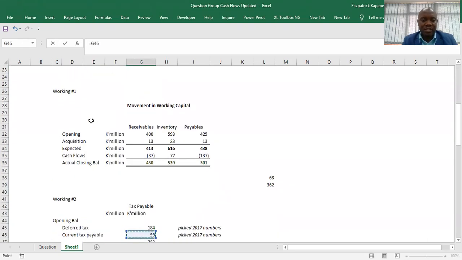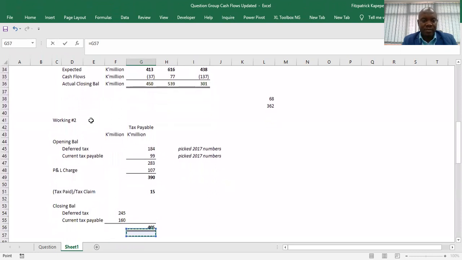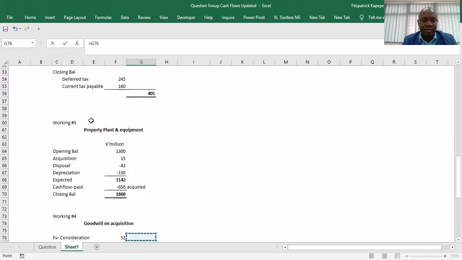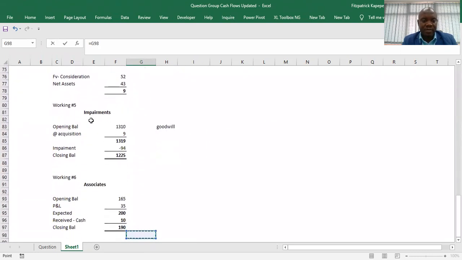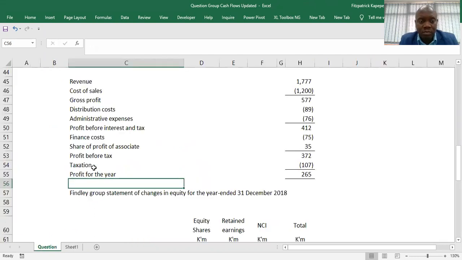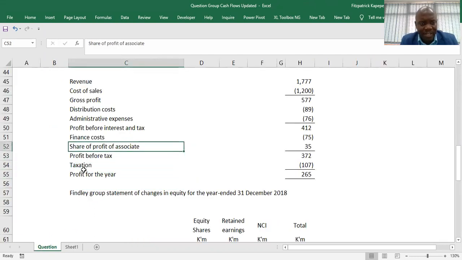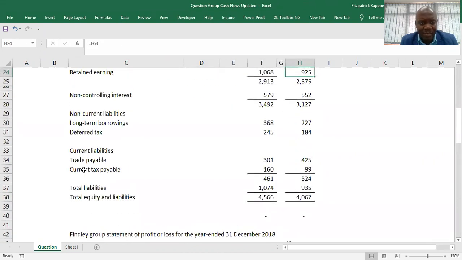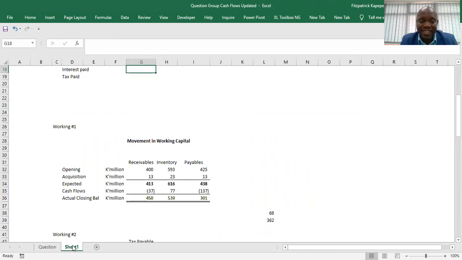Yes, we had something on interest paid. We didn't have. Let me just check on the question. If it's not in the balance sheet, then it is assumed that what was charged in the income statement is what was paid. We are able to see the finance costs in here, but are we able to see it in the balance sheet under current liabilities? No, we are not able to see it. So it means it was paid.